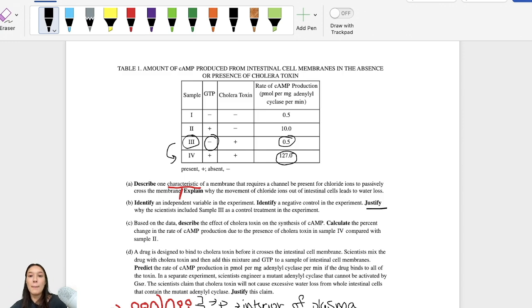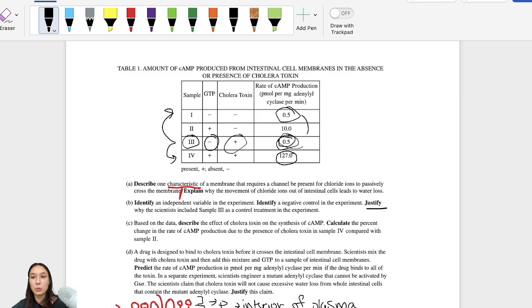Okay, another thing, you could also compare it to number 1 as well. So if I'm negative in both GTP and cholera, I'm 0.5. If I'm only negative in GTP and positive in cholera, I'm also 0.5. So that's going to also tell me something, and it's mostly going to tell me that the cholera toxin is having no effect on cyclic AMP production in this case, right?